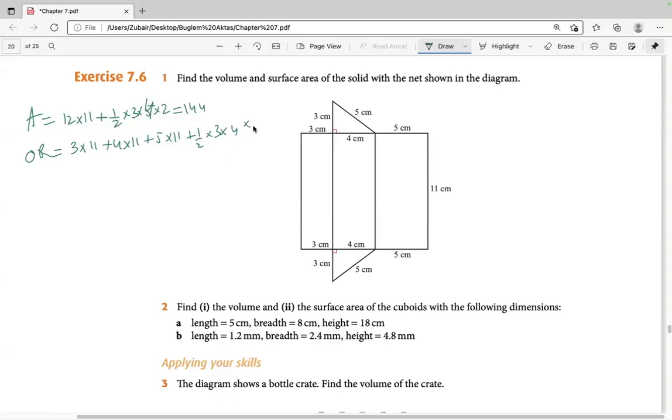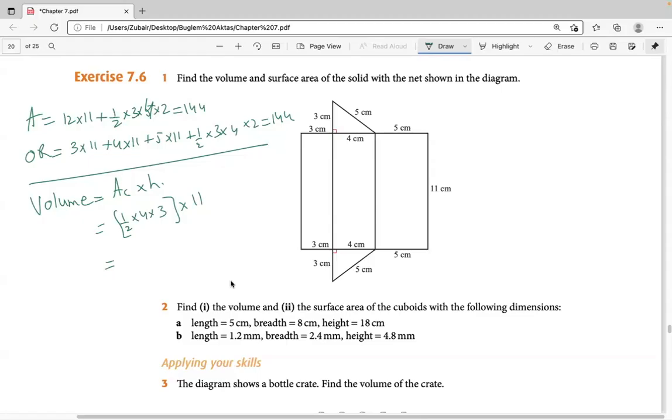Very good. 18. This is feet of height. 6 into 11.